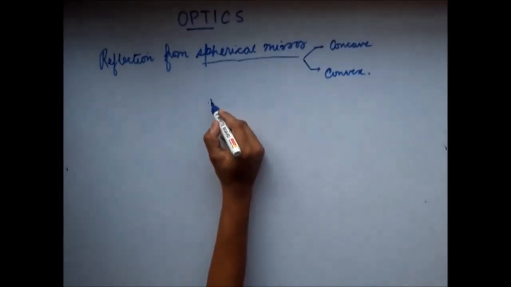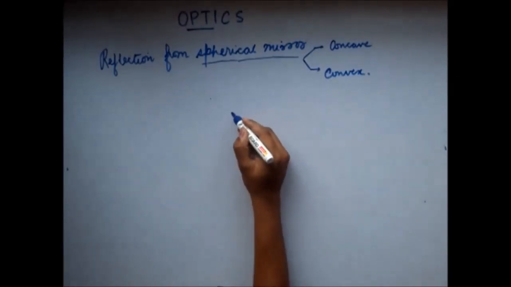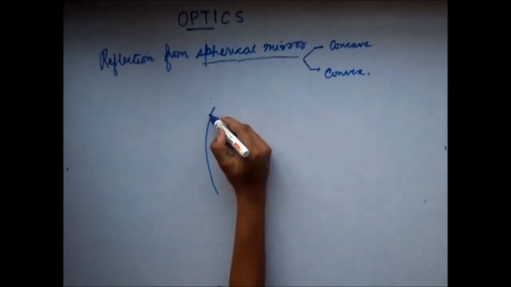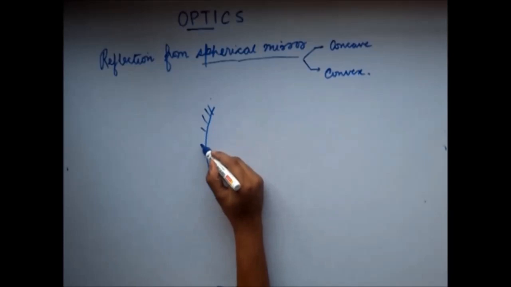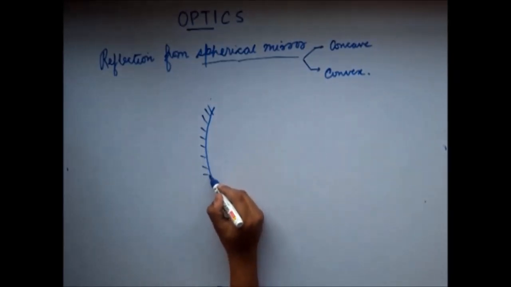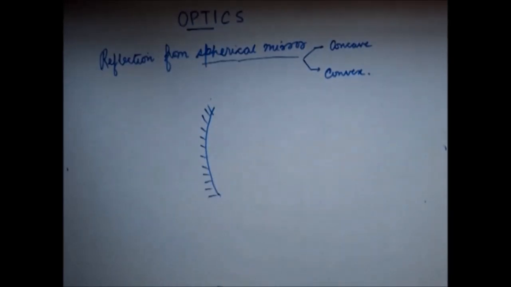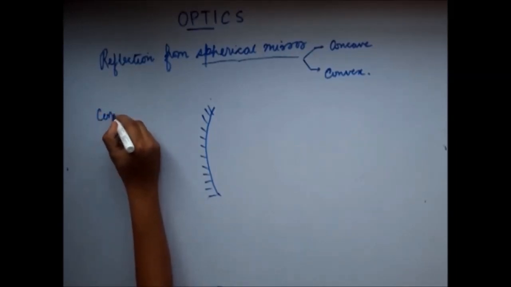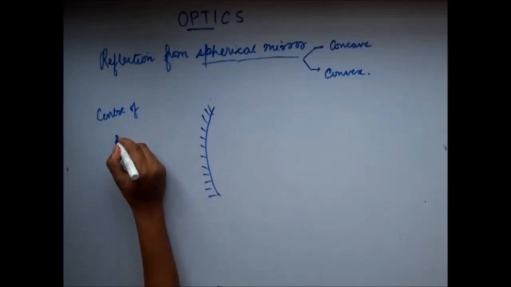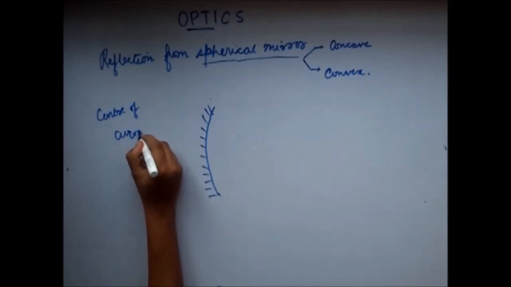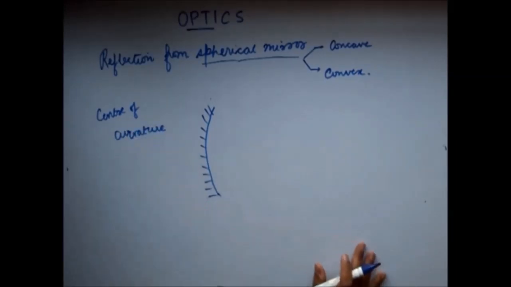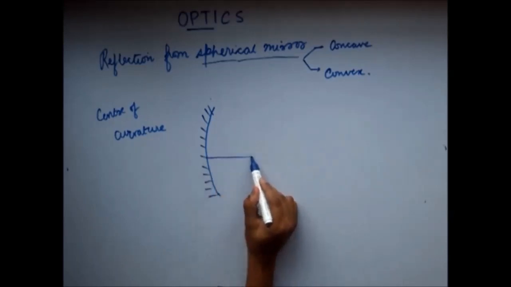That is, let's say I have this mirror, polished from outside. That means it's a concave mirror. Okay, now there are some terms which I hope you know. What is the center of curvature of this mirror? Center of curvature is basically what?